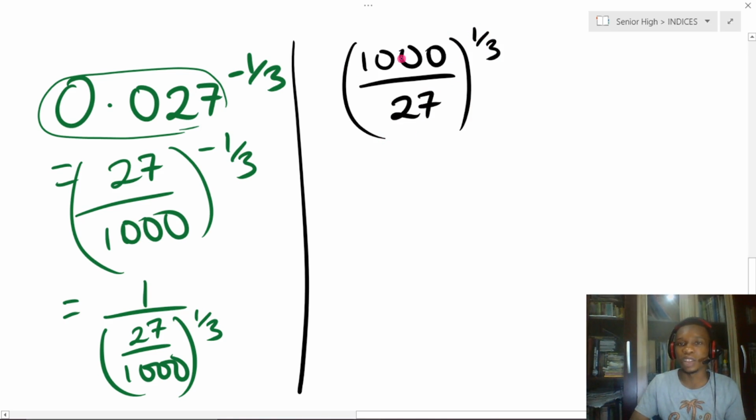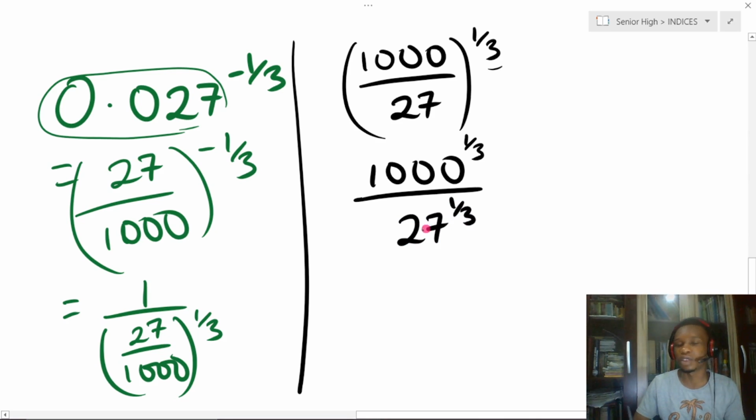Now what happens here? We can apply this fractional index law by opening the brackets. So we have 1000 to the power 1 over 3, over 27 to the power 1 over 3. Now when you have this, you can take the cube roots, because this is 1 over 3, so you take the denominator.